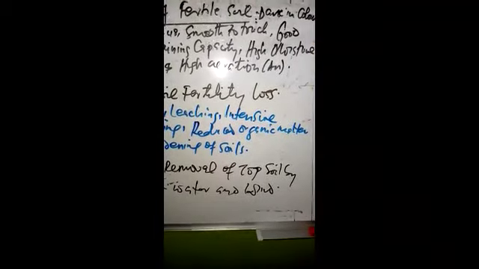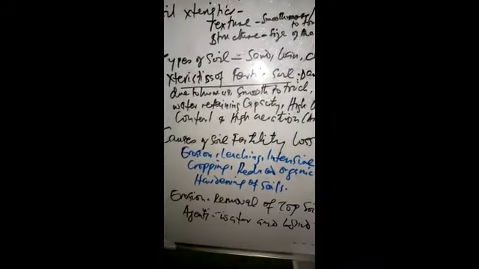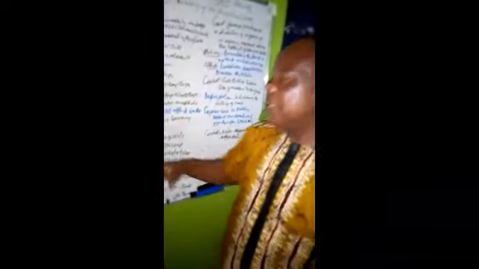Leaching: downward movement of the water from the soil downwards. Then intensive cropping. You keep on planting on one particular soil year in, year out, without allowing it to recover. Then reduced organic matter, when you are not putting humus and organic matter into the soil. Then hardening of soils. If cows keep on pressing on the soil for a long time, it hardens and it will lose its what? Fertility.